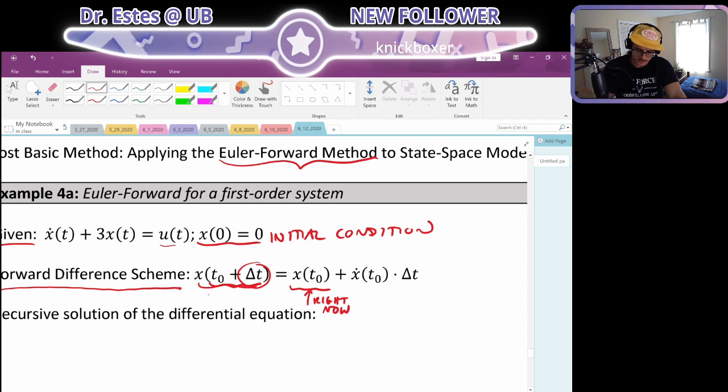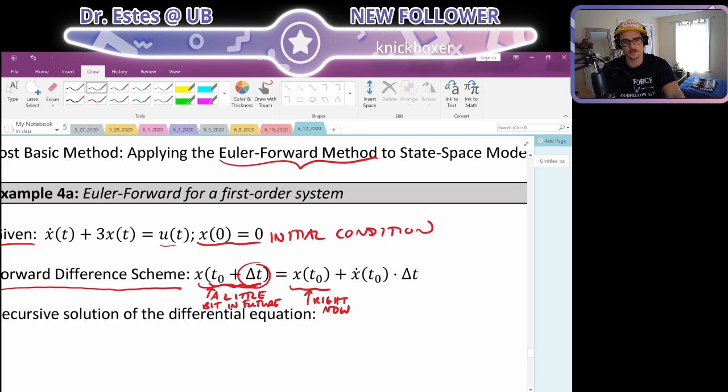This x of t naught plus delta t is a little bit in the future, just a little bit further away from right now.